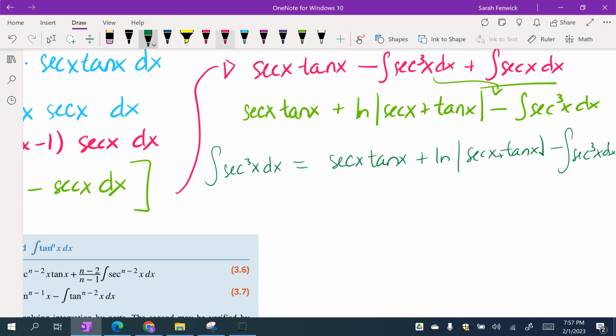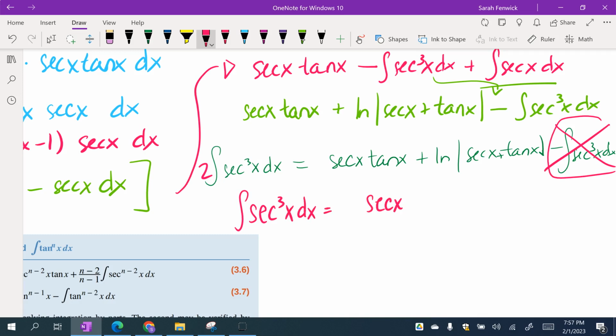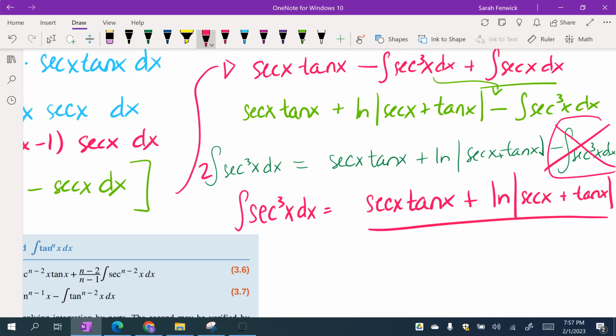If we add this integral of secant to the third x dx to the other side, then we get 2. So my answer to the integral of secant to the third x dx is secant x tan x plus the natural log of the absolute value of secant x plus tan x, all over 2. That's it.